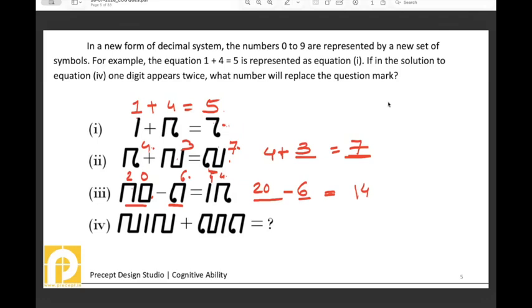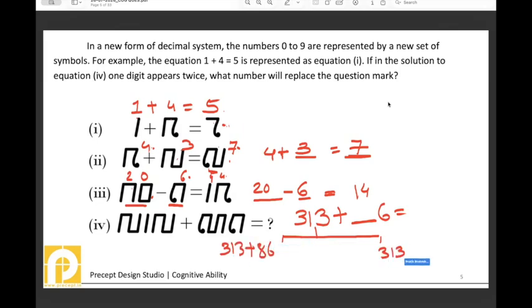So the next equation is given by 3, 1, 3 plus some number, 6 is equal to what? There are two possibilities for this, okay? So one possibility is 313 plus 86 and another possibility is 313 plus 96.